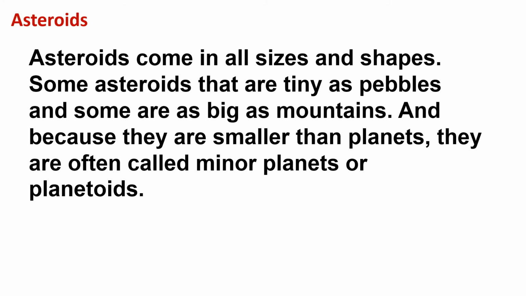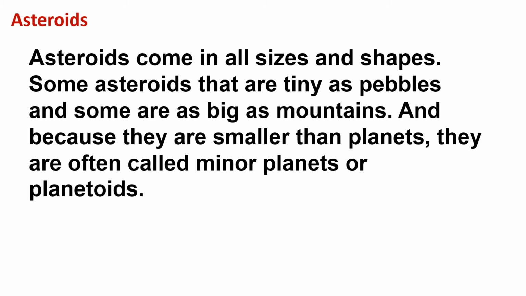So asteroids come in all sizes and shapes. Some asteroids are as tiny as pebbles and some are as big as mountains. Because they are smaller than planets, they are often called minor planets or planetoids.